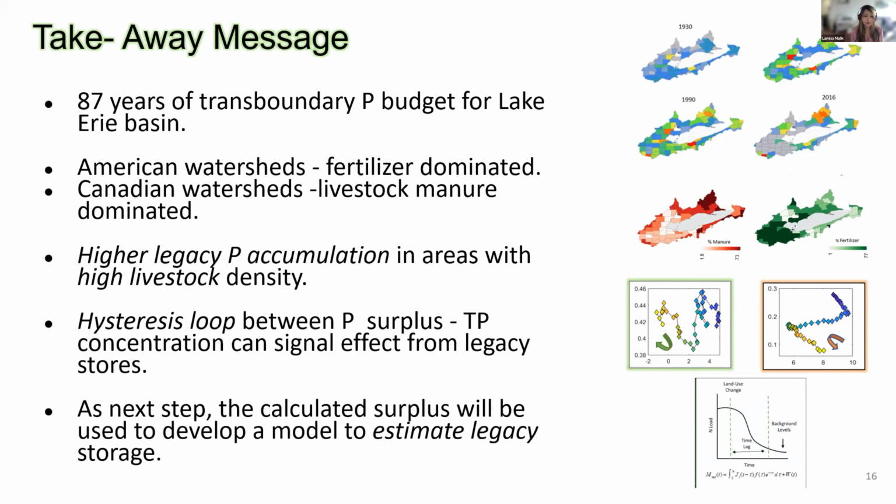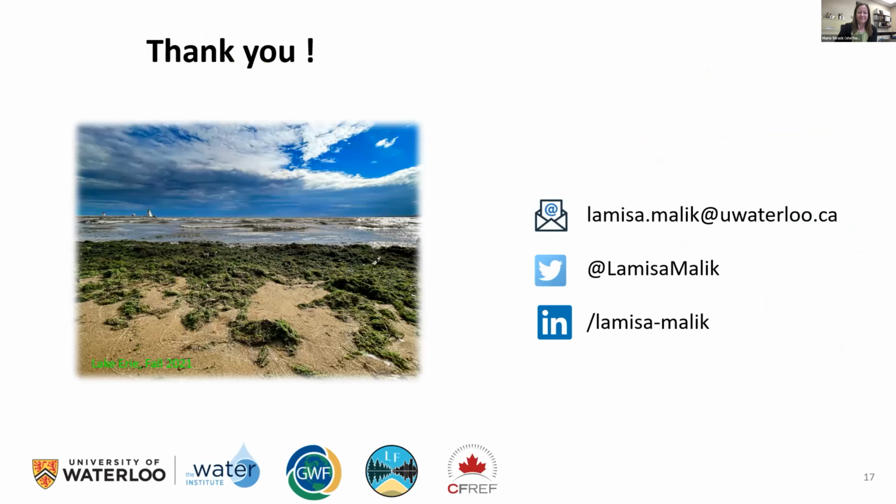As a next step, we are using this surplus and developing a process-based model to estimate the legacy storage within the landscape, which can help to further analyze where the legacies are stored in our landscape. Thank you so much.